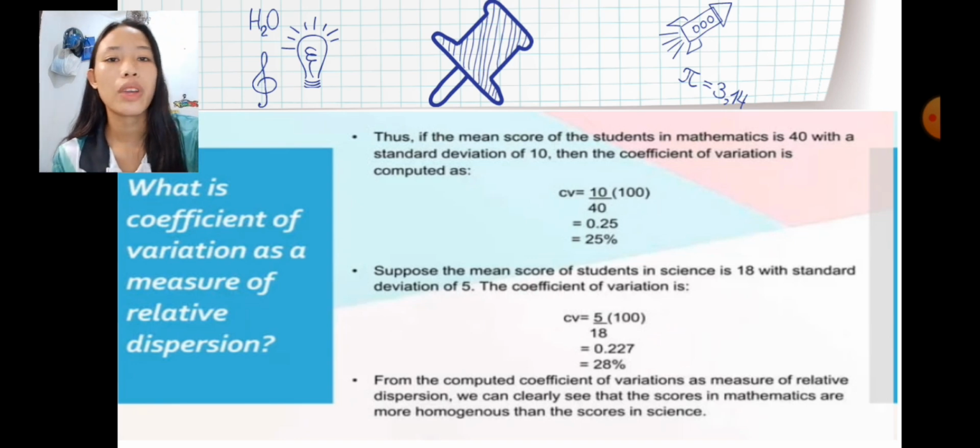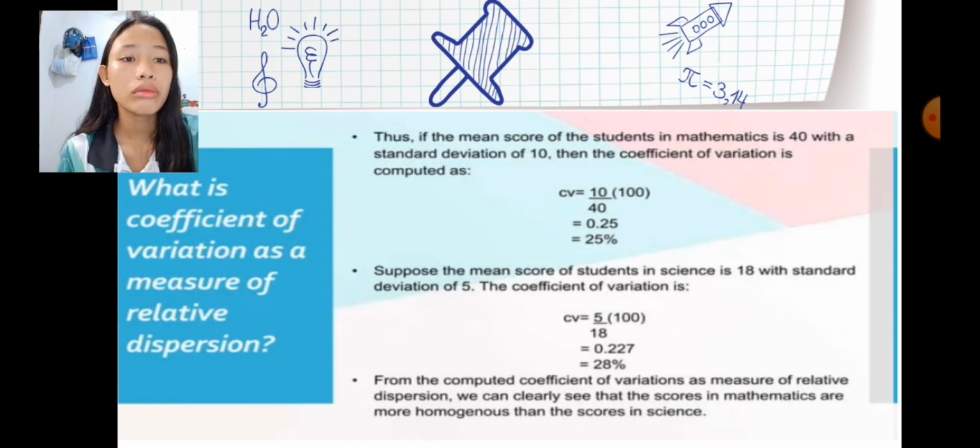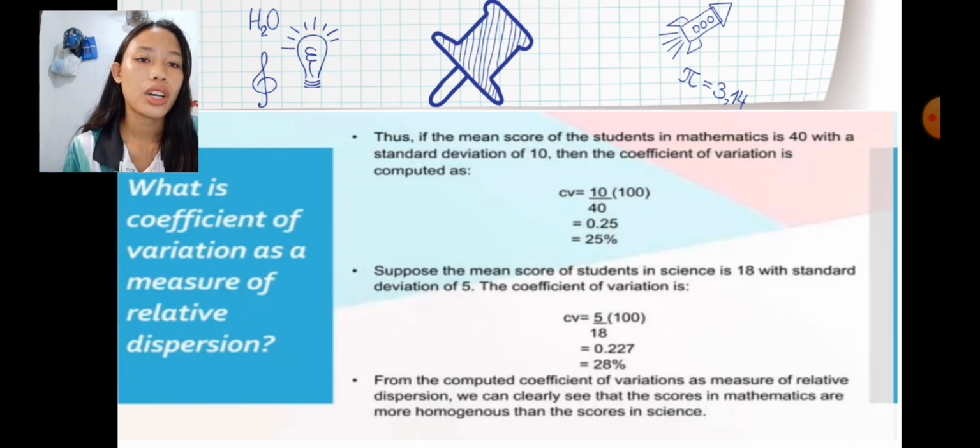When we transform it into a percentage, we have 28%. So from the computed coefficients of variation as a measure of relative dispersion, we can clearly see that the scores in mathematics are more homogeneous than the scores in science.